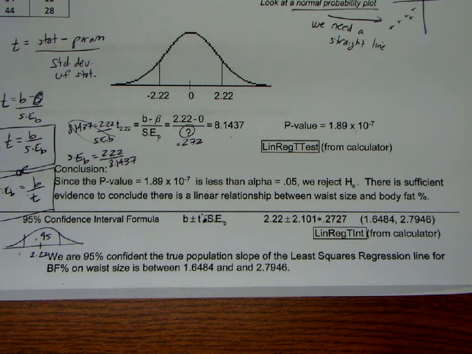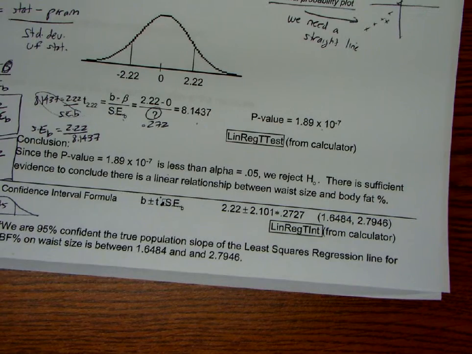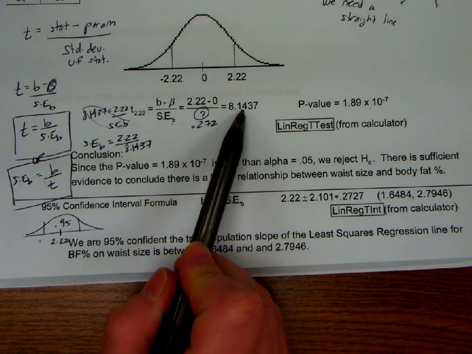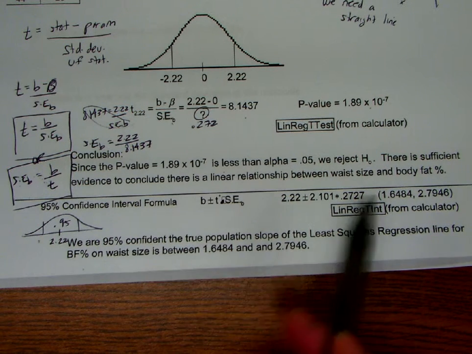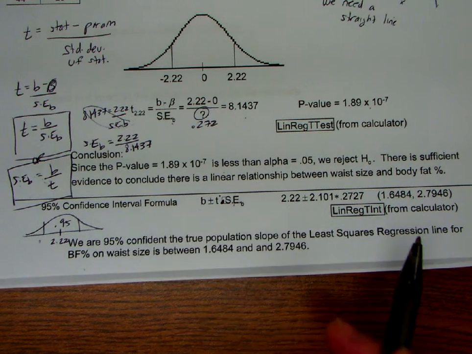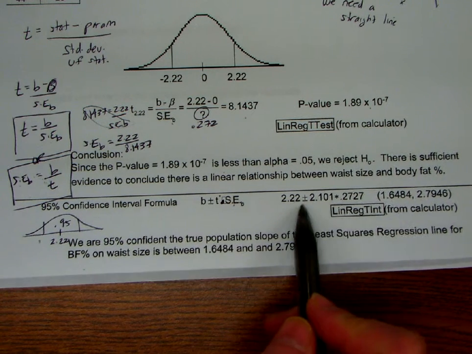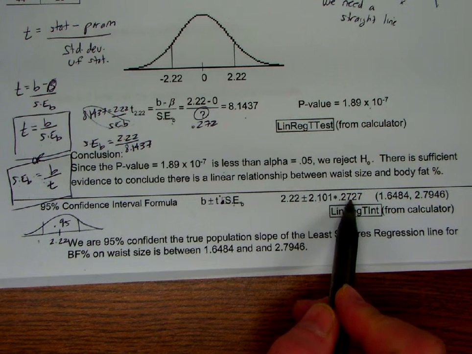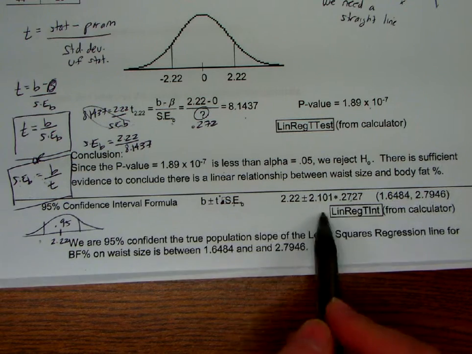So it's kind of backwards, in that you would actually have to go do a significance test first to figure out what the t value was, to then go back and get the standard error that you would need in your formula for confidence intervals. So statistic plus or minus the critical value t star times the standard error of the slope. That's from the formula sheet, page 5.